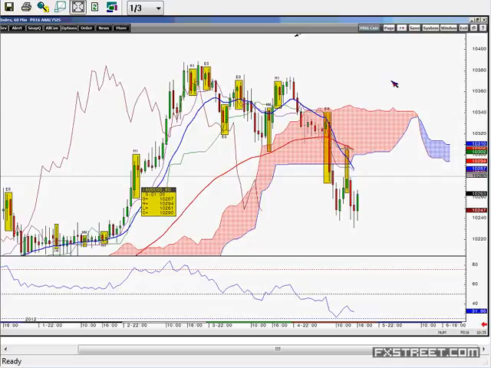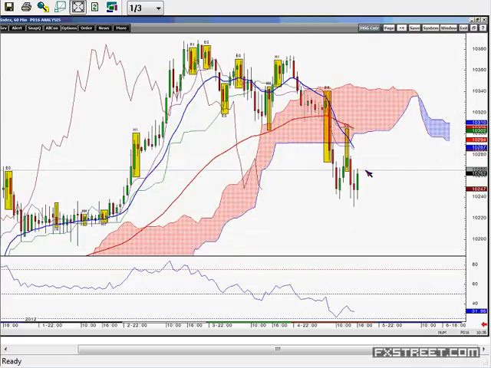I've also got 2 moving averages on the chart, which are used for support and resistance. I've got a 15 EMA and a 62 EMA. The reason why I use those moving averages is because I'm quite fanatical about fib levels. Obviously 62 EMA is as close to 61.8% as I can get.